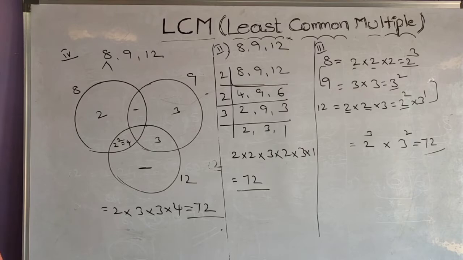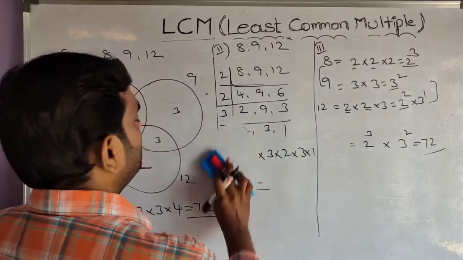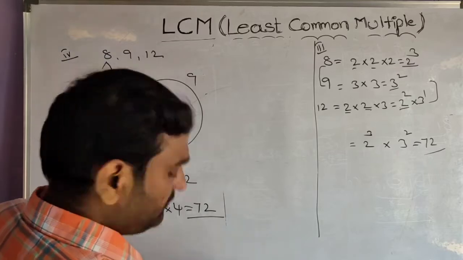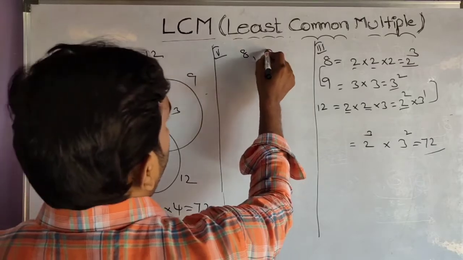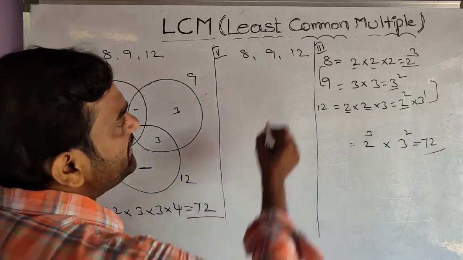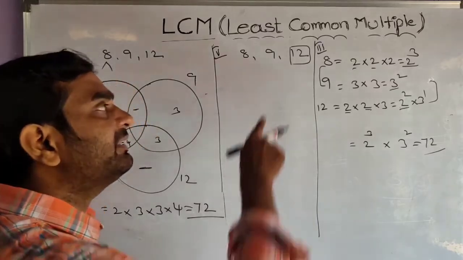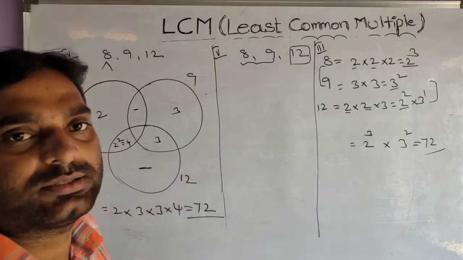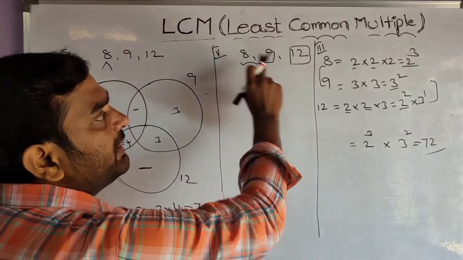In this way. Okay. And fifth method. This is a shortcut method. 8, 9, 12. Take the big number, that is 12. Now check whether that number is a multiple of the remaining 2 or not. 12 is not a multiple of 8. 12 is not a multiple of 9.